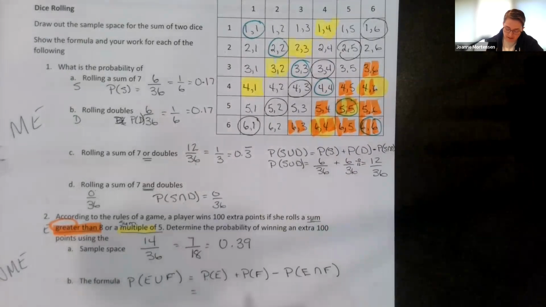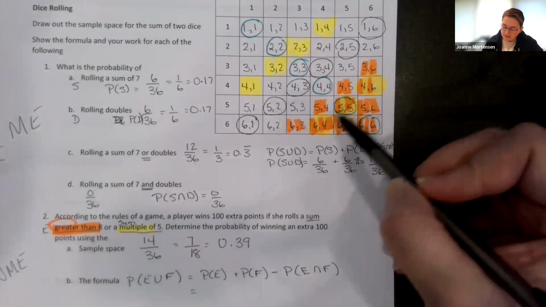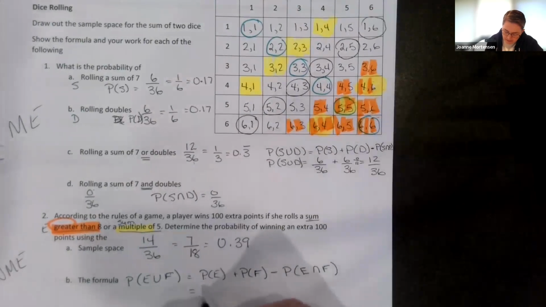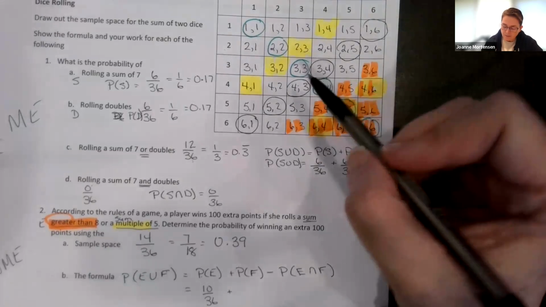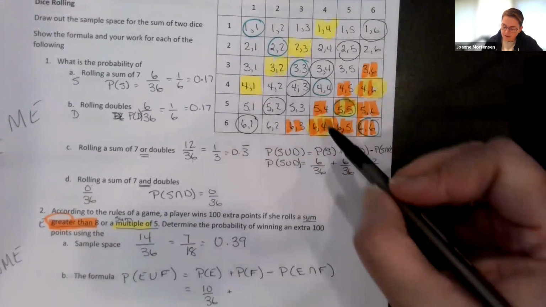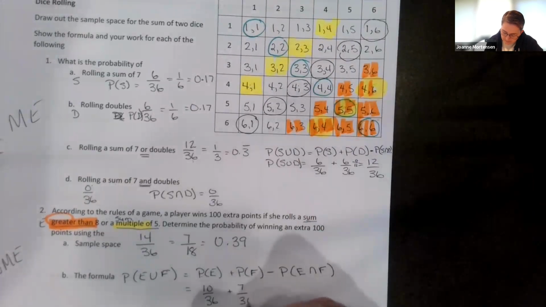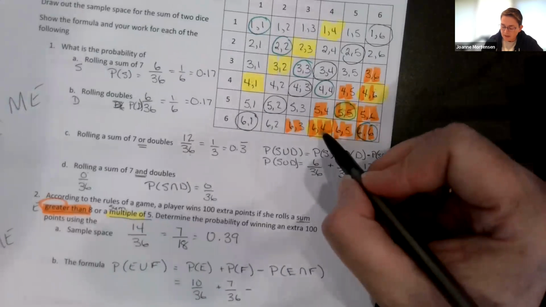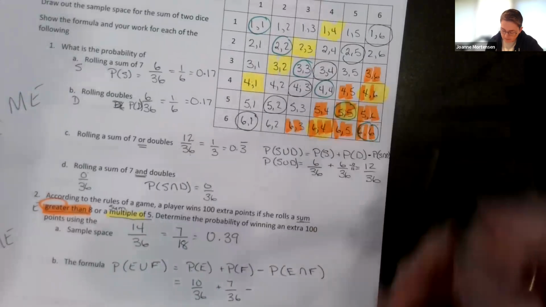So the probability of rolling greater than 8, that was the orange. So 1, 2, 3, 4, 5, 6, 7, 8, 9, 10. Plus multiples of 5, that's what's yellow, 1, 2, 3, 4, 5, 6, 7. Minus the ones that were both colors, which was basically 1, 2, 3.